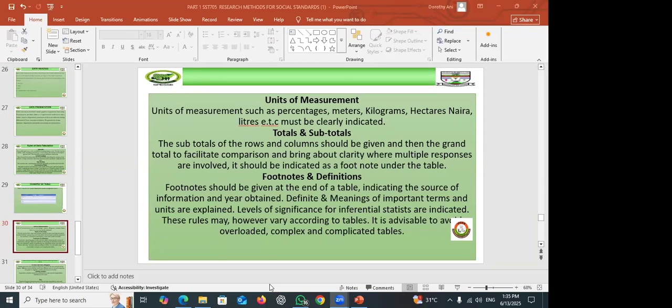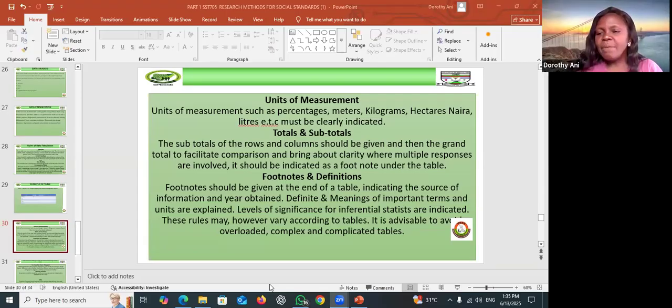So you write a footnote. And then maybe you use abbreviations in the table. It's good that you come under the table, at the footnote, and give the meaning of such abbreviations, that this one, IC, means this. You explain what the acronym means, what it represents inside the table.